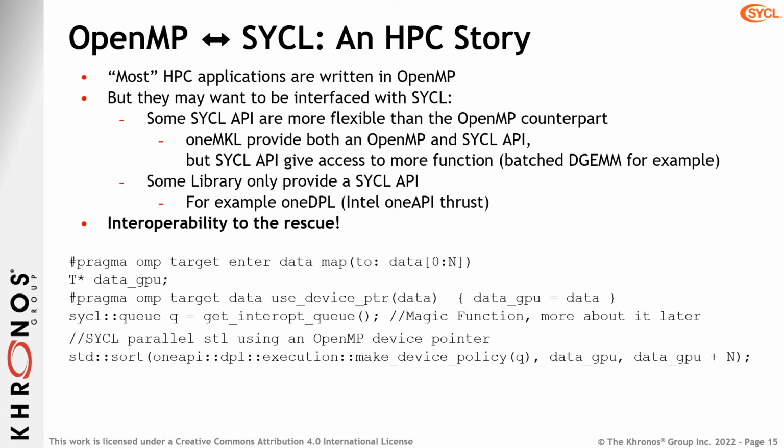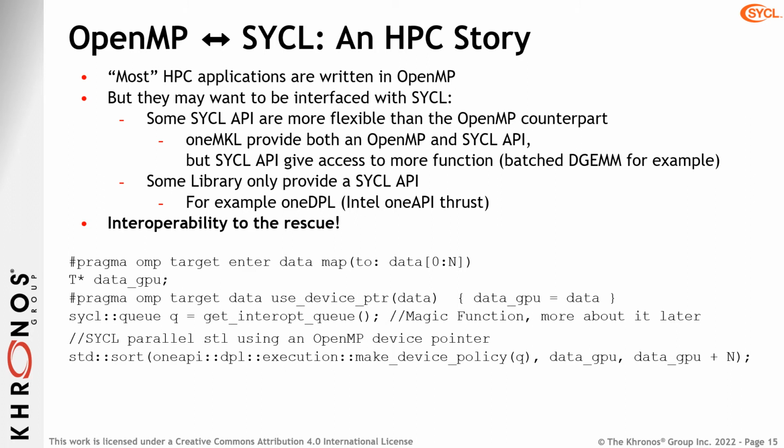Thankfully, we can interop OpenMP and SYCL. For example, at the bottom, I show you a little code snippet which runs at the moment, where I allocate some memory and map some memory using OpenMP. Then I do some OpenMP trickery to get the device pointer associated with this host pointer.